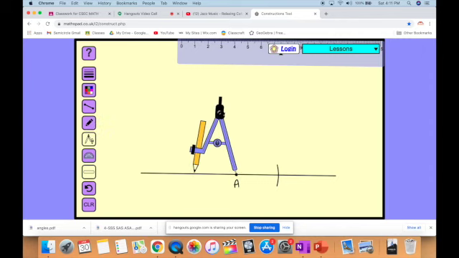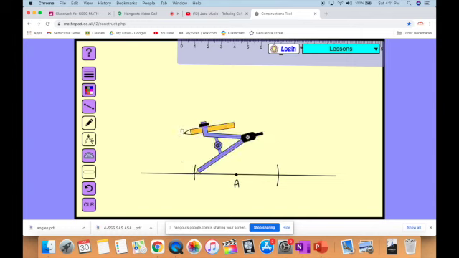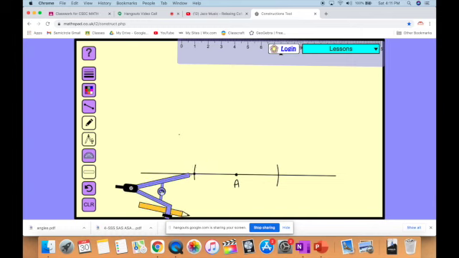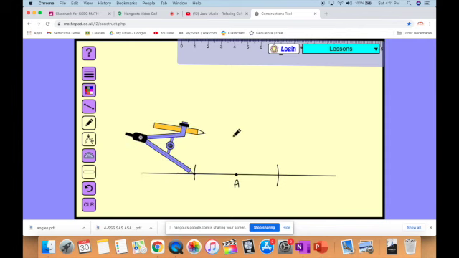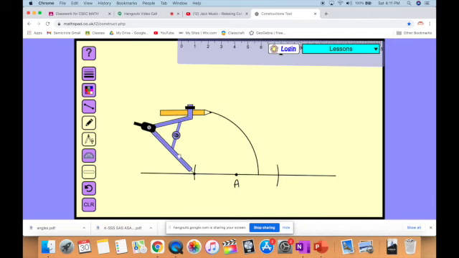With the same opening, cut an arc here, and then I'll come on this side. And you can see that because it's touching A, I don't want that. I want it more than A, so I'll go more than A. I'll cut an arc here.